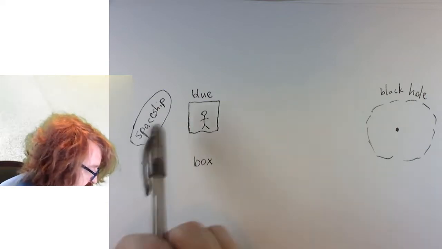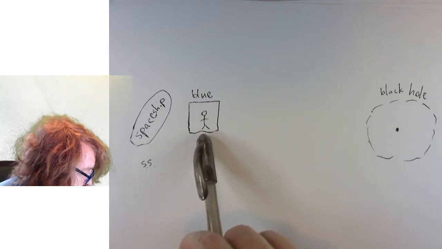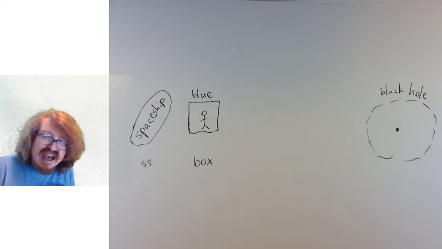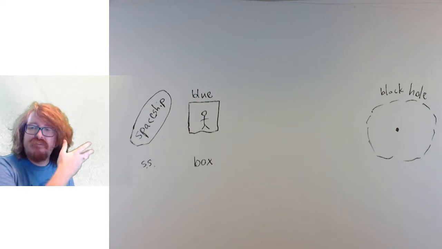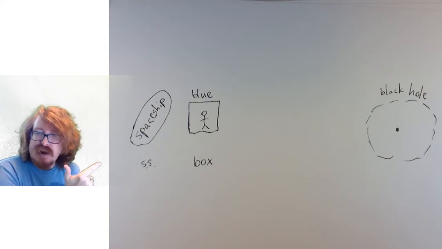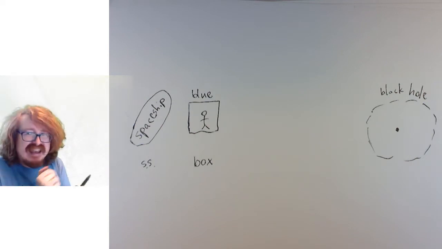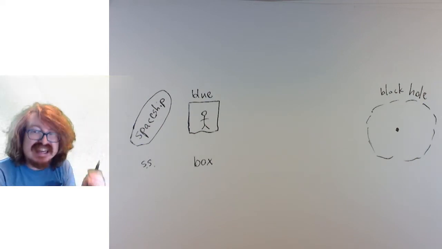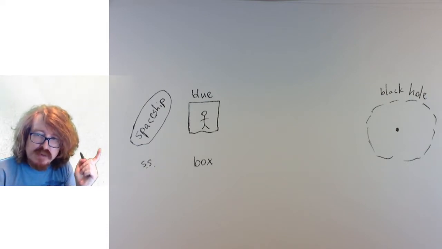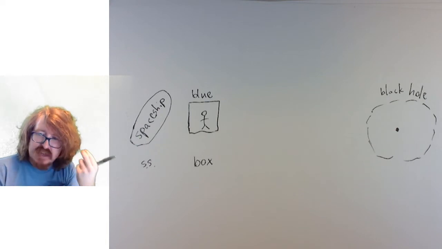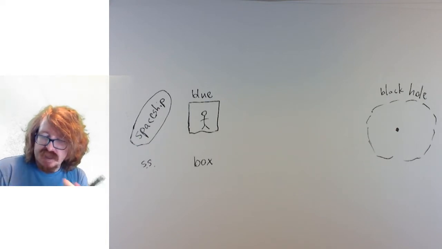What the people in the spaceship see happen to the person in the box is going to be a little different than what he experiences from his point of view in the box. Because anything that was a result of relativity is relative. We're going to have different points of view on the effects of relativity here. Okay?